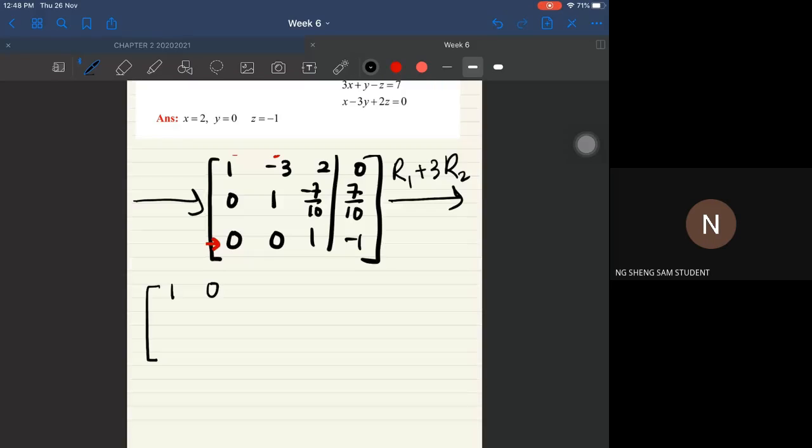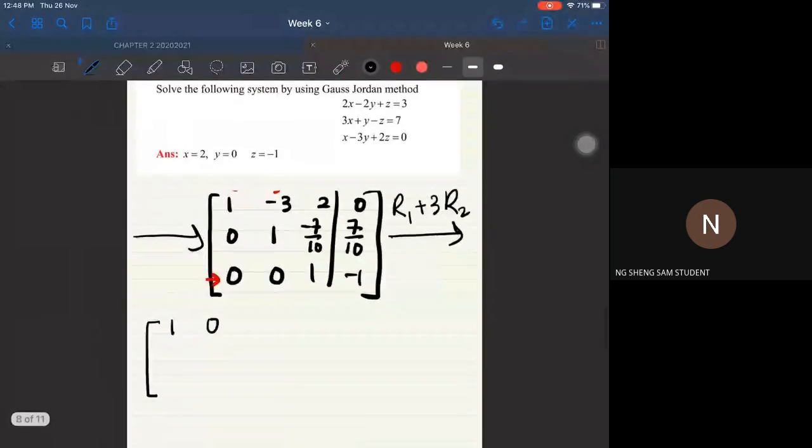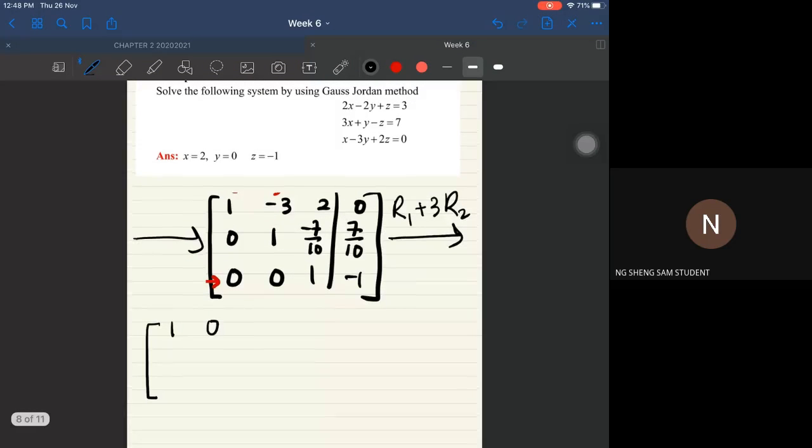Tekan kalkulator. Cuba solvekan. 22. Okay. Lepas tu sambung. Cuba ubah semua dekat row 1. So row 2 masih kekal. Row 3 pun masih kekal.